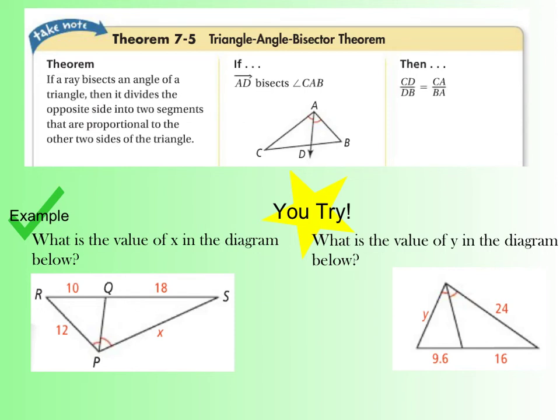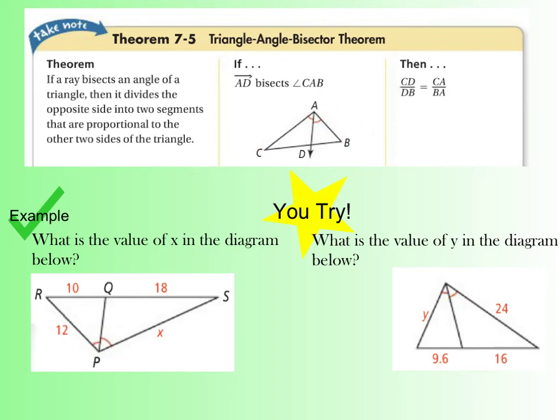The proportion that's going to be set up is this side here over this side here equals this side over this side. So here, you need to write this down, have this picture with this little pattern. So I have divided side over the actual side of the triangle that touches that divided side.